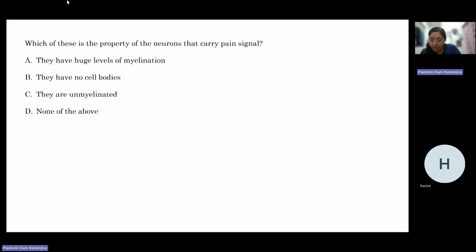Your options are: they have a huge level of myelination, they have no cell bodies, and they are unmyelinated. So you need to think in terms of how you want the transmission to be. What would be the ideal scenario of a pain transmission? If you have quick pulses of pain, do you want that? Is that the optimal condition, or do you want it to be slow and steady? So while answering this question, you can think from that perspective.